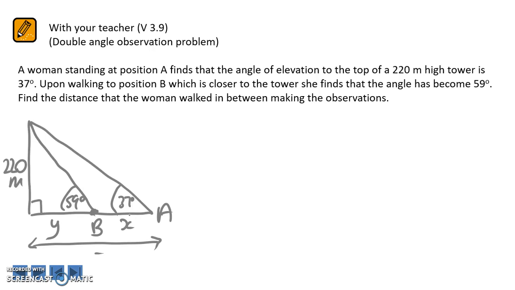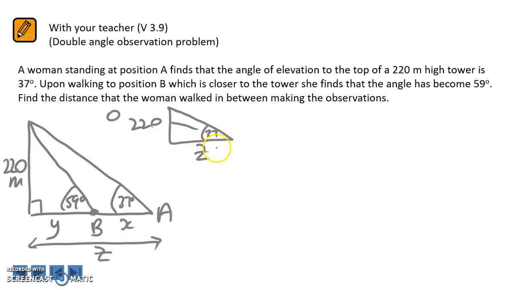So let's work out Z first, which is this long one here. You might choose to redraw that portion if you find that the whole diagram is a little bit complicated. So it might look something like this. So the whole triangle is 37. We know that's 220. And so we're trying to find that total distance. So that simplifies the diagram.